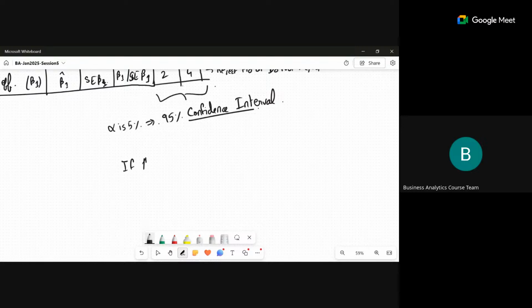If the confidence interval contains the hypothesized value, in fact, let me put it in this sense: if the confidence interval contains the value 0 in our case, then do not reject H0.